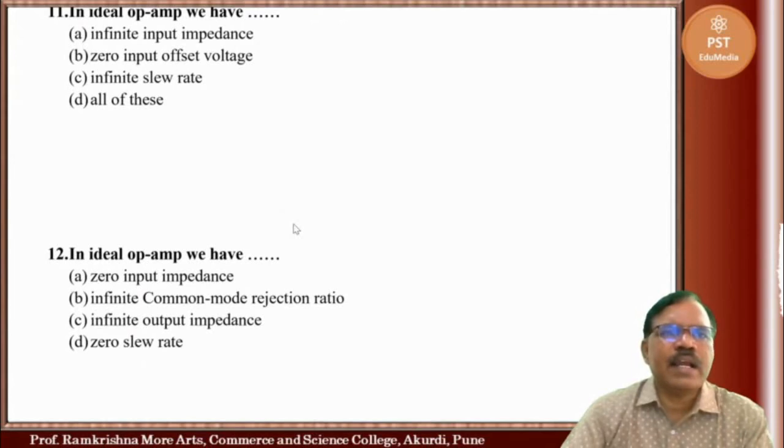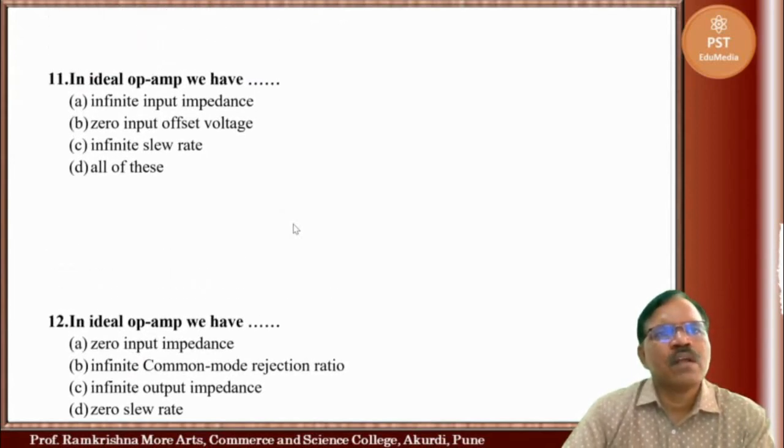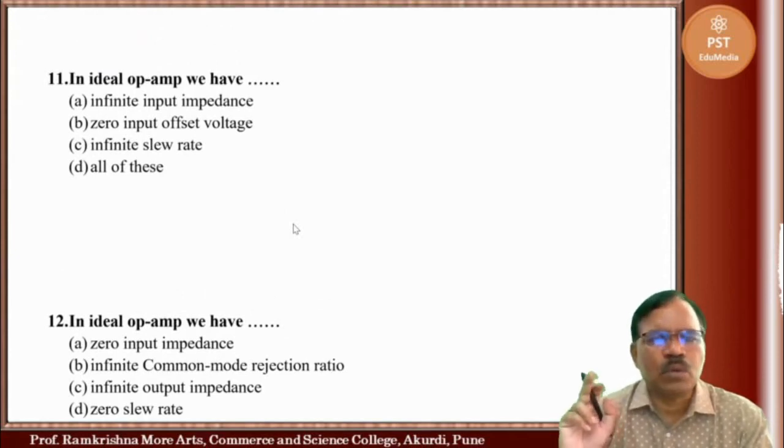In an ideal operational amplifier, we have infinite input impedance, zero input offset voltage, and infinite slew rate.